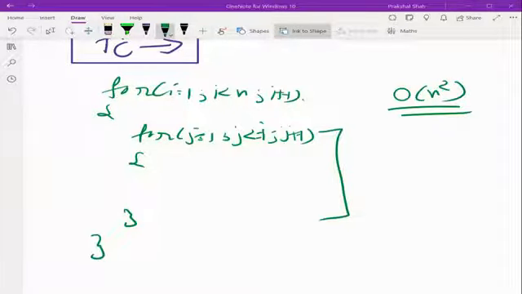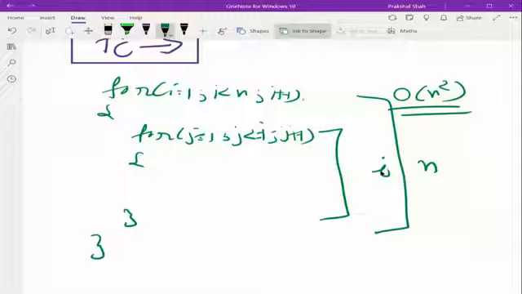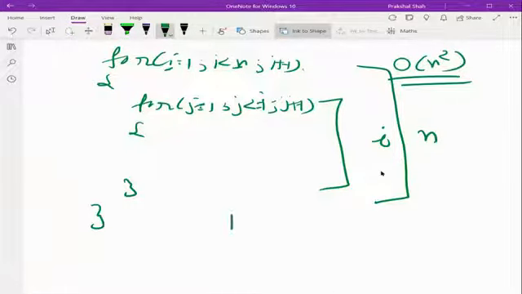So think about it, the inner loop will execute how many times? I times. For each inner loop, the outer loop will run how many times? N times. So we have to think about the worst case. Think about that our I is equal to n, starting from 1. So can I say like 1 plus 2 plus 3 plus 4 up to n it will execute? Yes or no? Right?